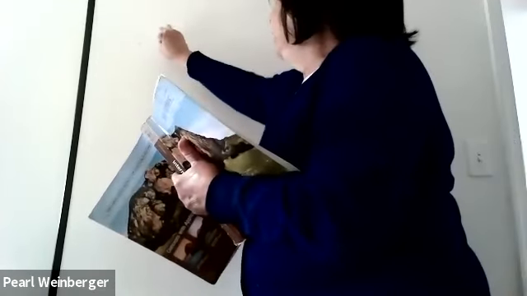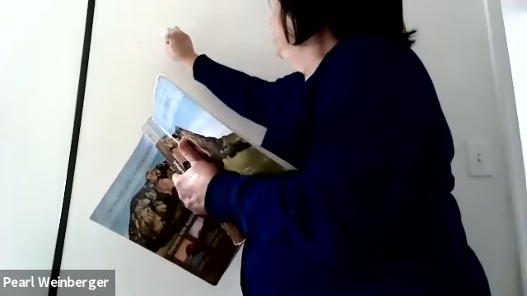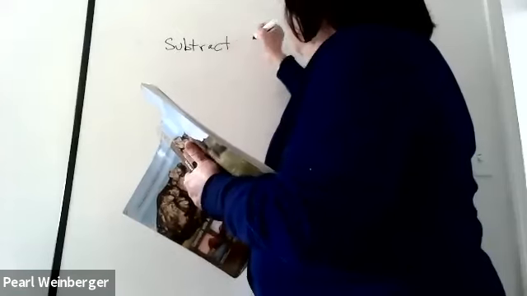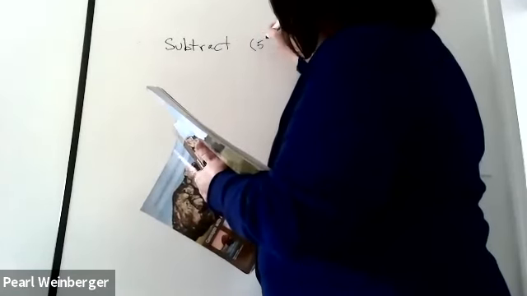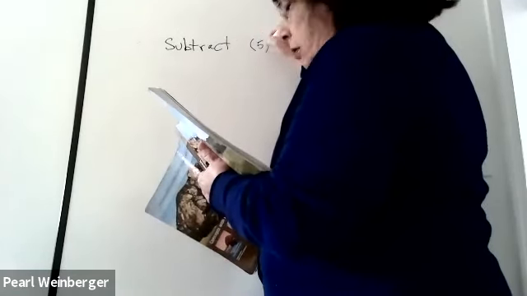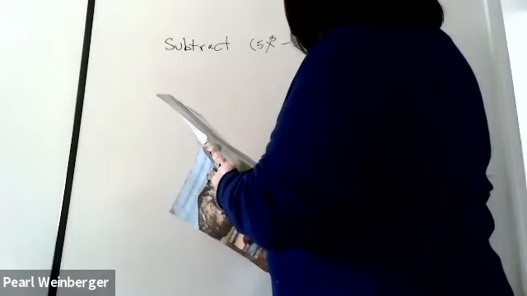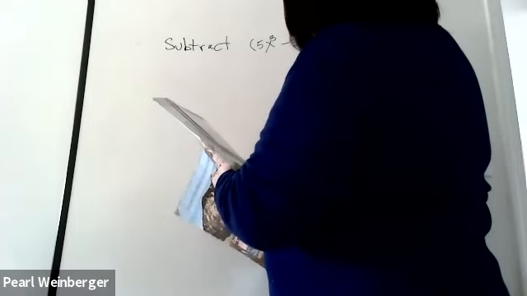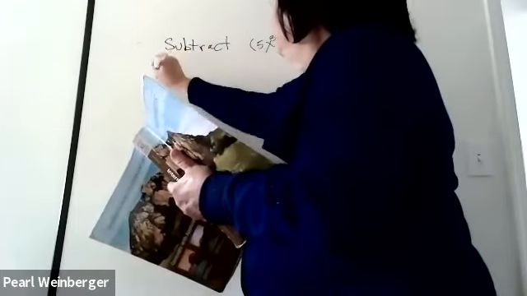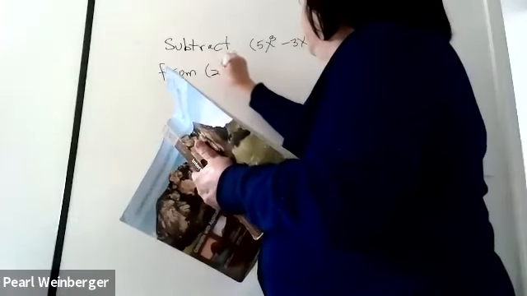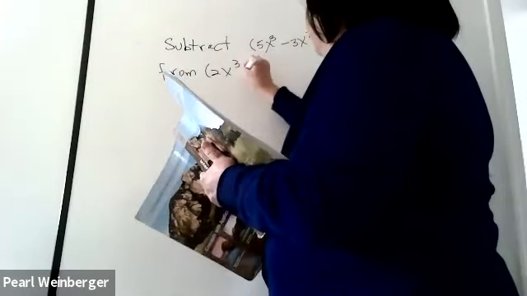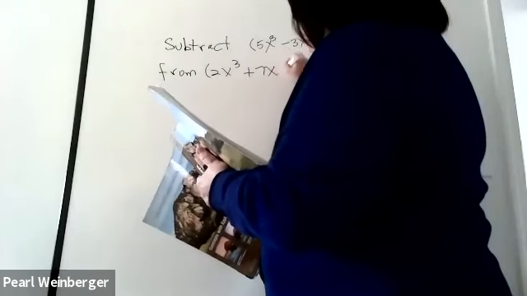Okay, here's the problem I'd like you to do. Subtract 5x cubed minus 3x squared plus 2x minus 1 from 2x to the third plus 7x plus 13.